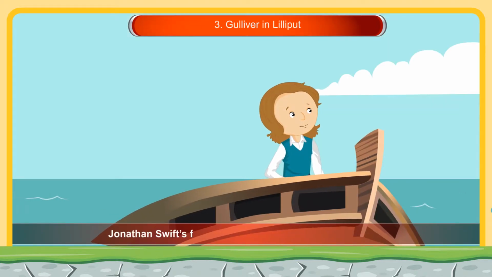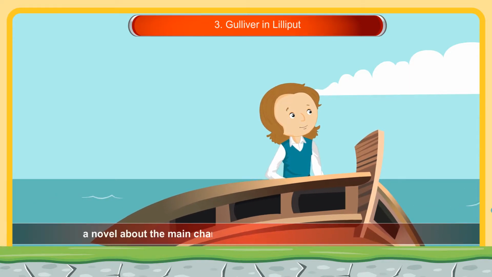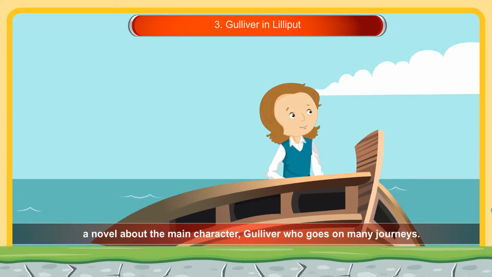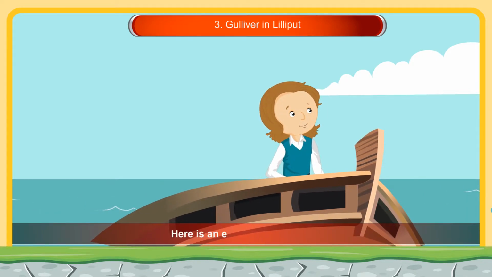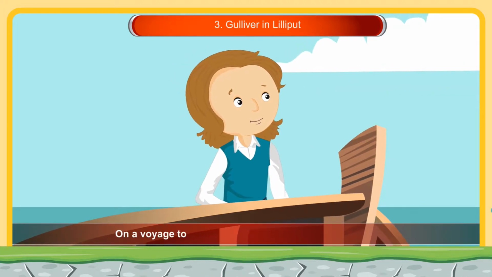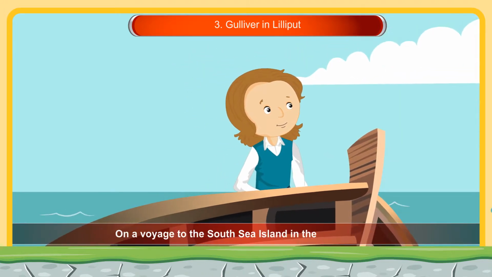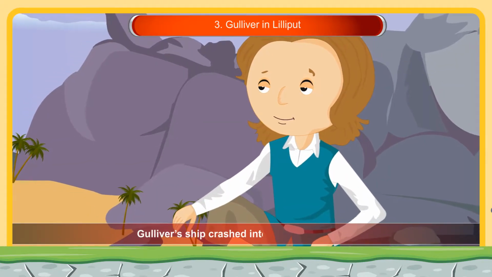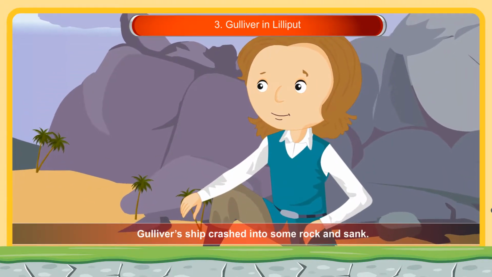Jonathan Swift's famous novel, Gulliver's Travels, is a novel about the main character, Gulliver, who goes on many journeys. Here is an extract from that novel. On a voyage to the South Sea island in the Pacific Ocean, Gulliver's ship crashed into some rock and sank.